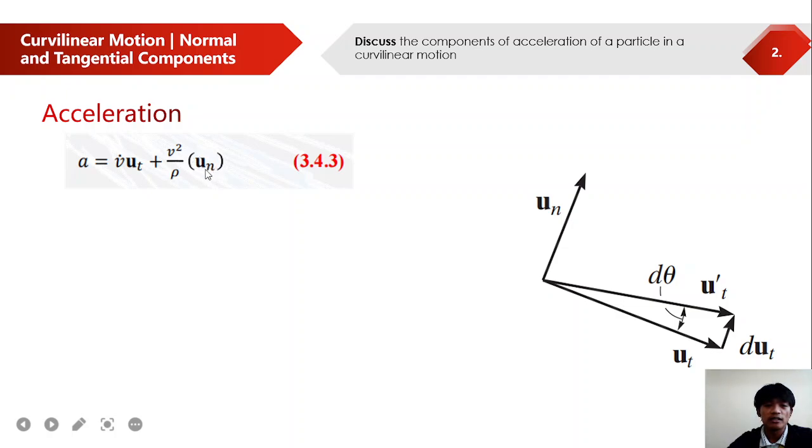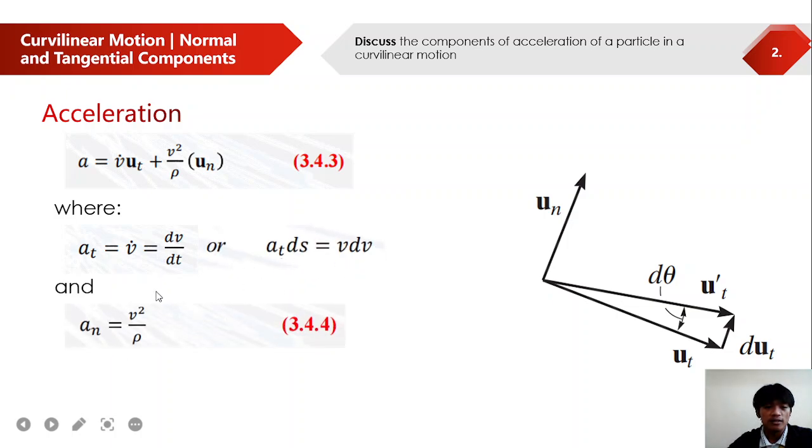And then we already know, or we solved that the derivative of u sub t is equal to v over rho times u sub n. Therefore, v times v is v squared over rho times u sub n. So where your a sub t is equal to first time derivative is equal to dv over dt, or s double dot is equal to v dv over ds, and then your a sub n is equal to v squared over rho.